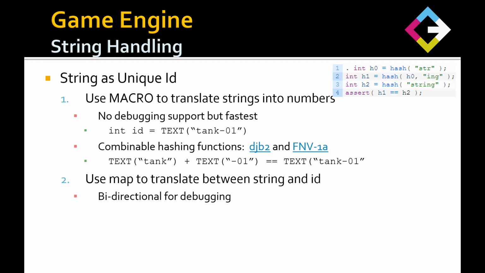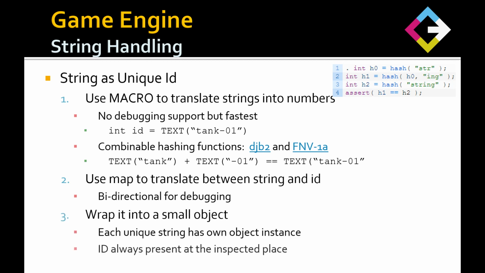This way, you can always translate your string back when needed, usually during development. Finally, you can always wrap a string into some small object and pass that object around, which has a big advantage during debugging. When inspecting variables on the stack during stepping, you will actually be handed a string along with the number, so you will know what you're looking at.